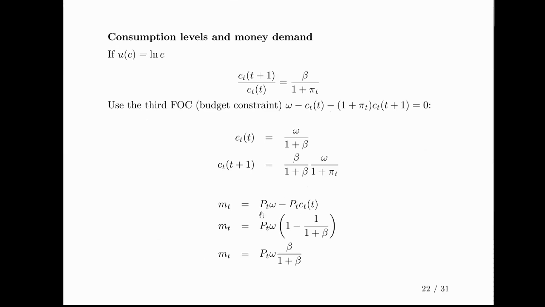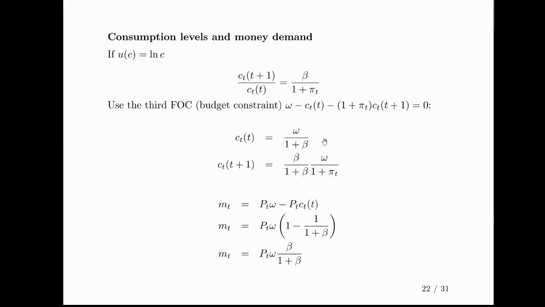So here there's the price level, and here there was the inflation. What I did is substitute inflation too, but that's totally not clear, so sorry about that. Here I have inflation, so there is price in the future and price in the present. Maybe I'll try to rewrite this better.